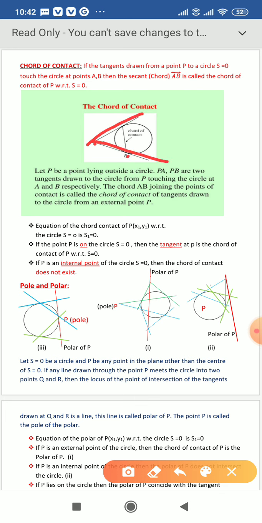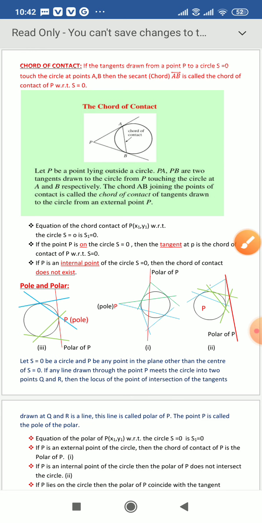So this is a point of contact, this is a point of contact, and this line is the chord of contact. So the chord of contact is a chord which passes through the points of contact of tangents drawn from an external point to the circle S equal to 0.